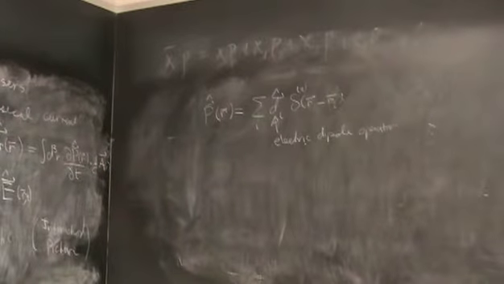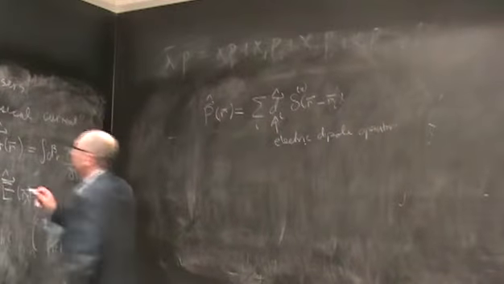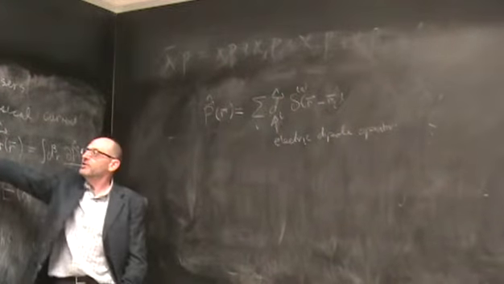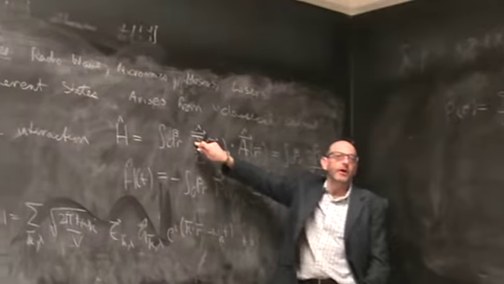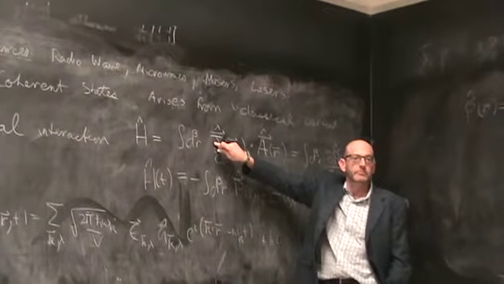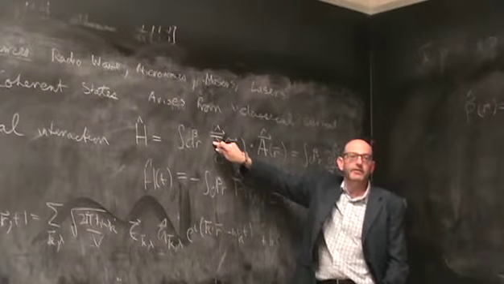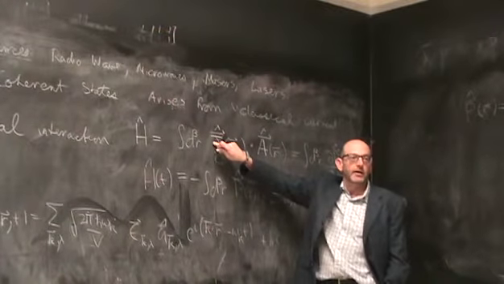Now, what do we mean by a classical current? What we mean by a classical current is that the quantum fluctuations associated with the current are negligible, and that we can replace this by its mean field, its mean value.